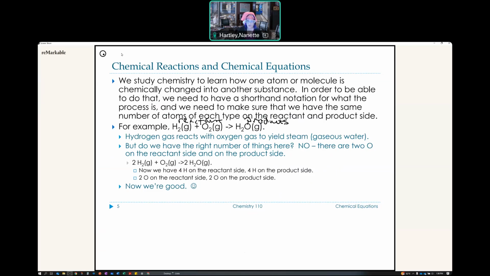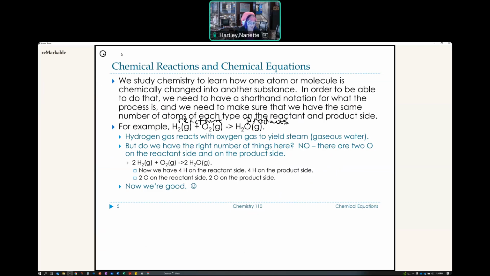But if I have H2 and O2 going to H2O, then I have two hydrogens here, and I have two hydrogens here, and I have two oxygens here, and only one there. And oh my goodness, that can't work. So we have to balance this equation.